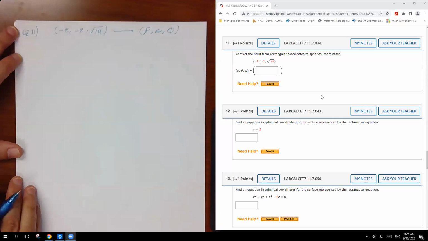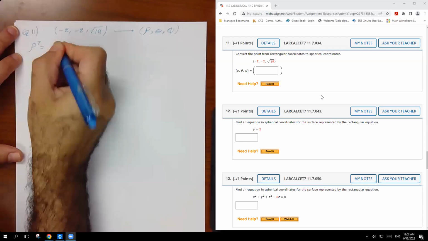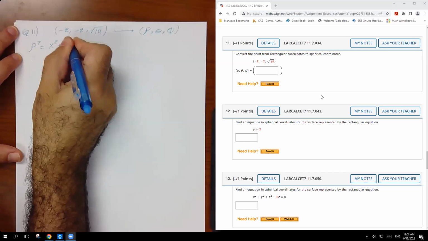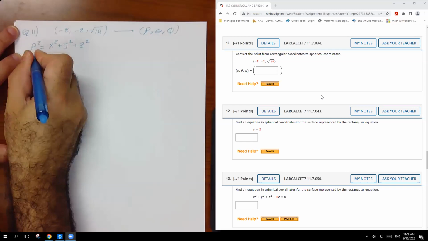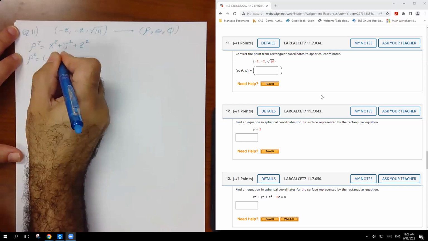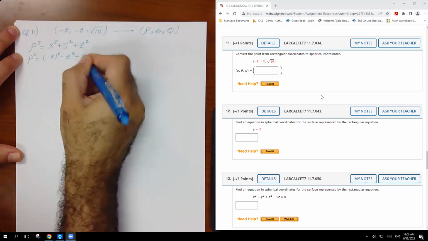The same thing, the first thing I'm going to start finding is rho, where rho squared equals x squared plus y squared plus z squared. So rho squared is going to be negative 2 squared plus negative 2 squared plus square root of 19 squared.